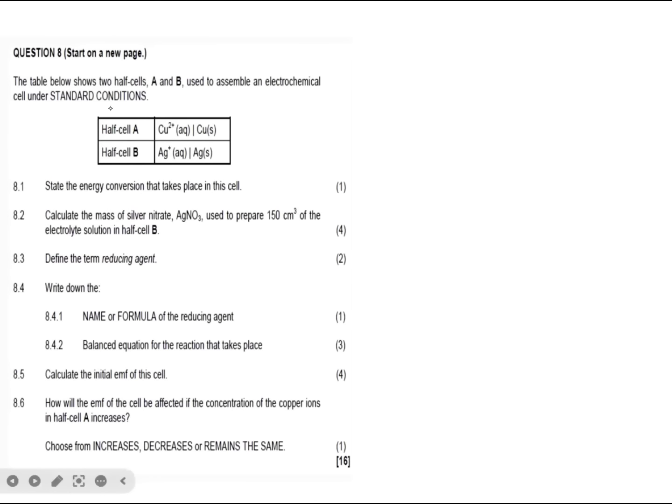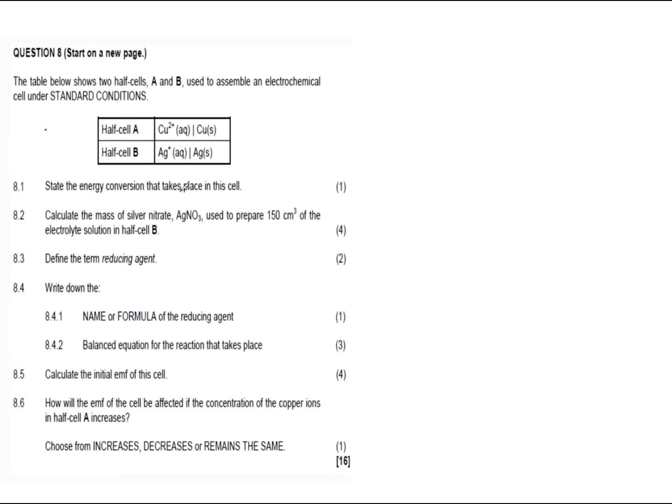Okay, so we have yet another question 8. It says, the table below shows 2 half cells A and B used to assemble an electrochemical cell under standard conditions. So 8.1 says, state the energy conversion that takes place in this cell, right? Now we know that if we have half cell A and half cell B, we are dealing with a galvanic cell, right?